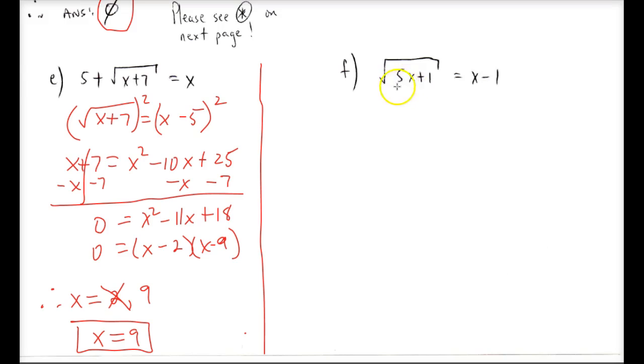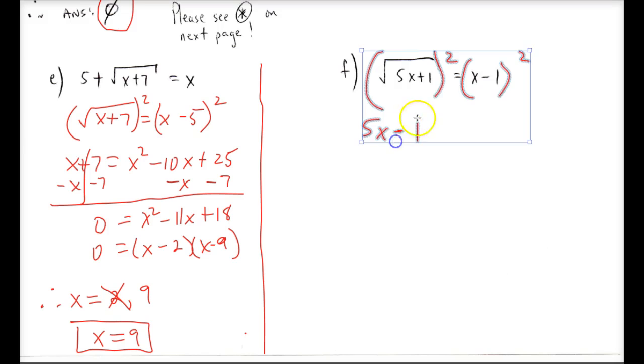So again, sort of the same thing. We have square root of 5x plus 1 all on one side of the equation. So we're just going to square both sides here. On the left side, we just end up with 5x plus 1.